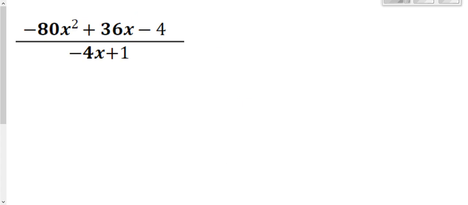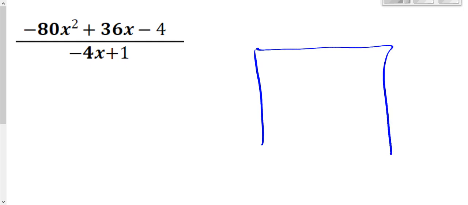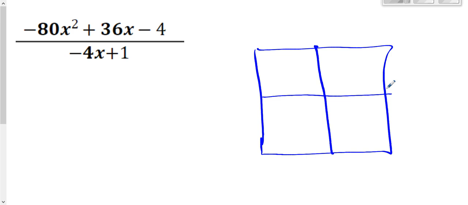Okay, so let's go to our division with the area model. So remember, my area model takes 4 squares, and we can find the area of each square and then combine all of my squares together. So let's start with my divisor is negative 4x plus 1.